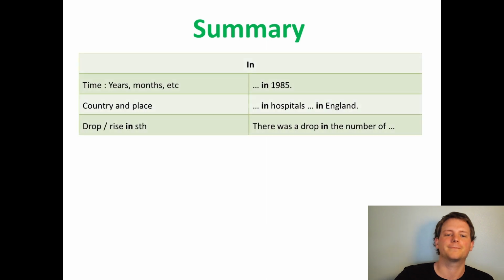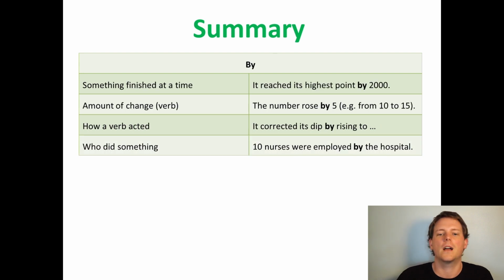Okay. So in summary, preposition in is used for time, like in years, in months. It's used for places, like countries and hospitals. And it's used for describing the number, the percentage, the investment, a drop in, a rise in, like that. By is describing the time when something happened, when something changed by.